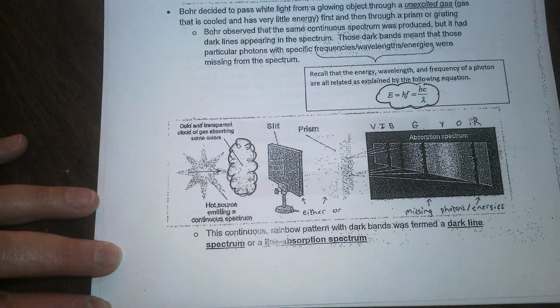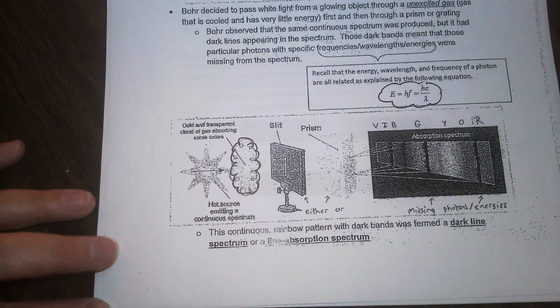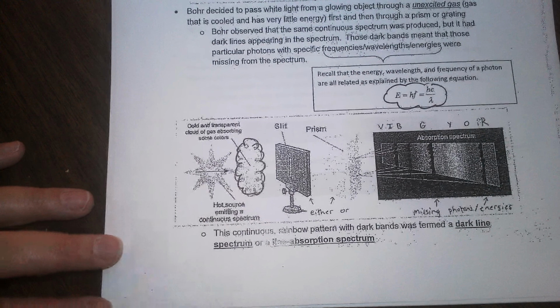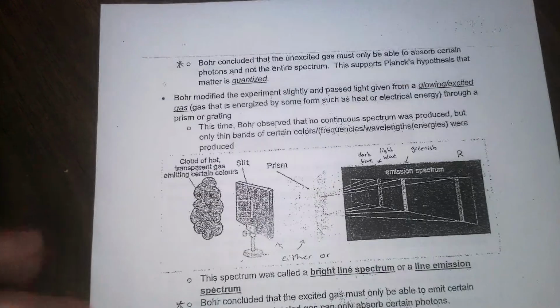We kind of touched on that in EMR, where we looked at n being the number of those dark lines apart or bright lines. We didn't discriminate between dark lines and bright lines. Here we're focusing specifically on dark lines. What he said was that an unexcited gas must only be able to absorb certain photons and not the entire spectrum.